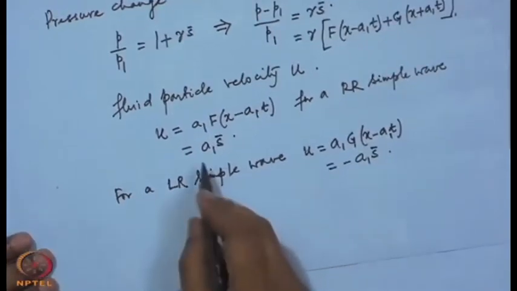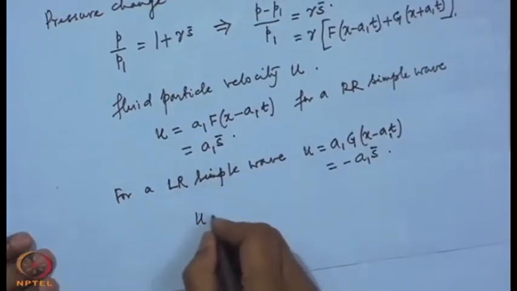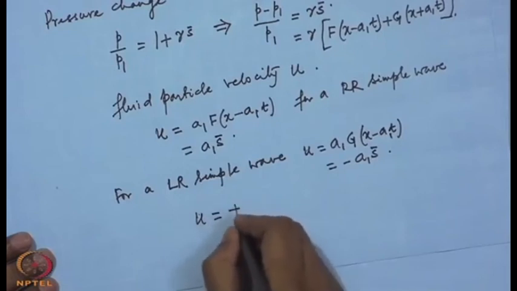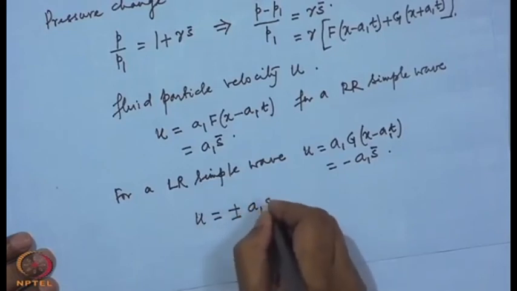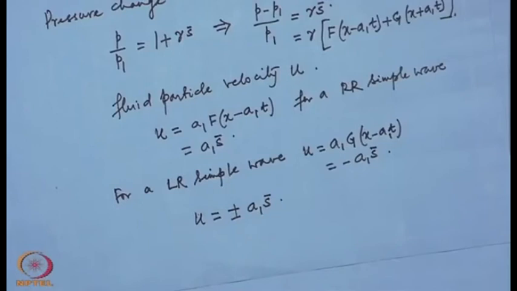In combining the two, we can write that u equals plus or minus a1 s bar. The effect that the wave produces on the fluid, of course, depends on the gradient of this density and pressure distribution and on the direction of motion of the wave.